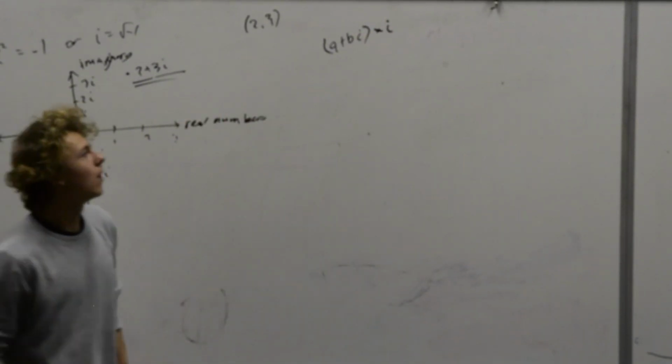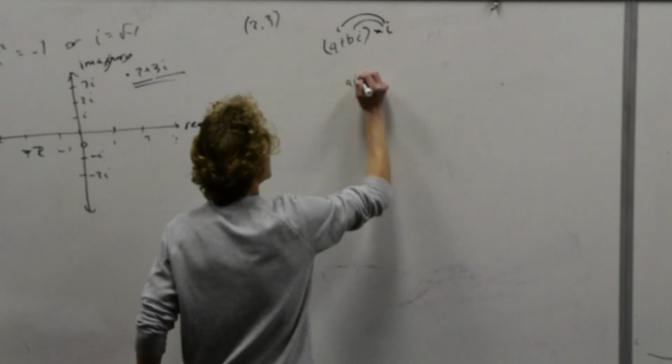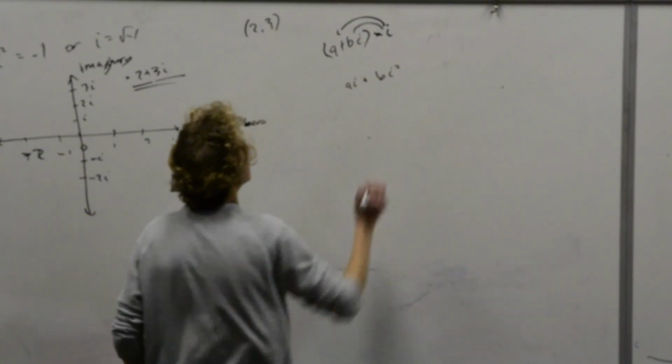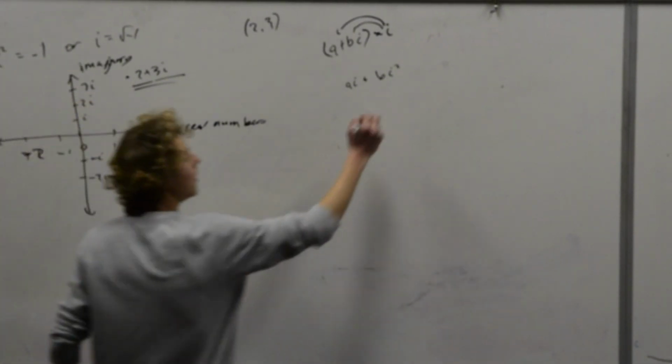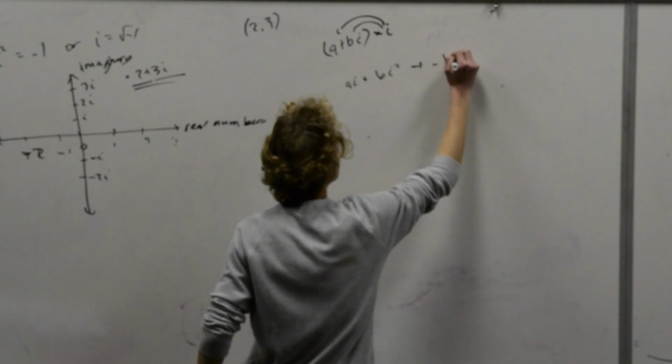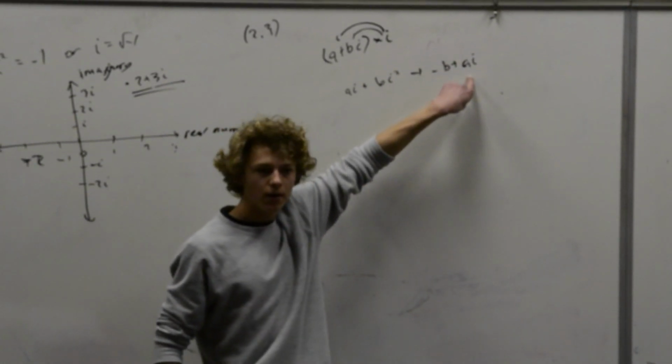What do we get? Well, if we distribute the i, we end up getting ai plus bi squared. And if we go back to our property that i squared is -1, that gives us negative b plus ai. So now this is your real part, and this is your imaginary part.